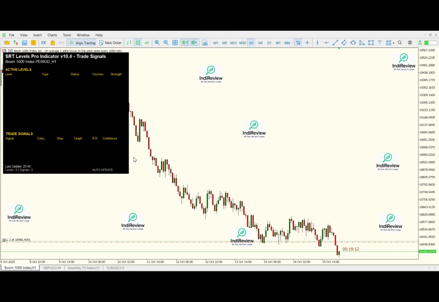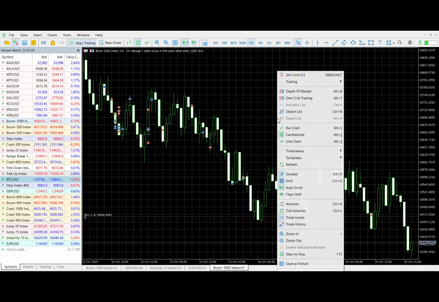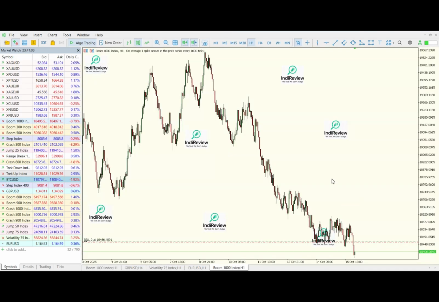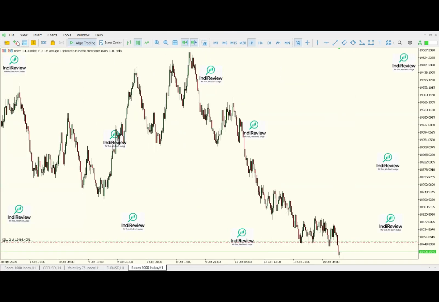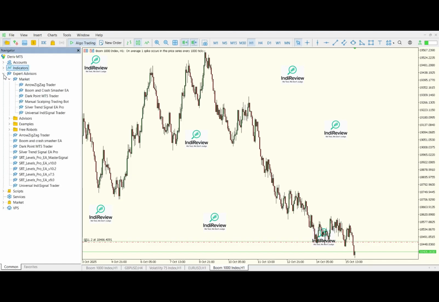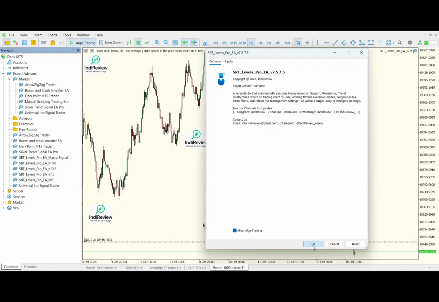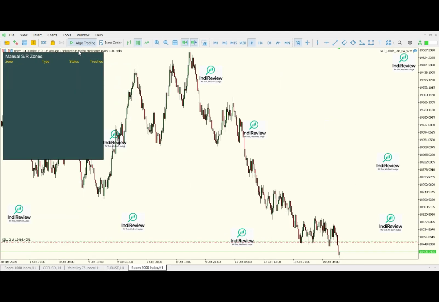Alright, so with this version, if you remember the EA version, the difference now is that with the EA, if you draw this, it doesn't show, you have to label it.